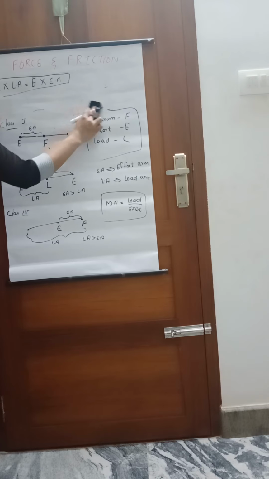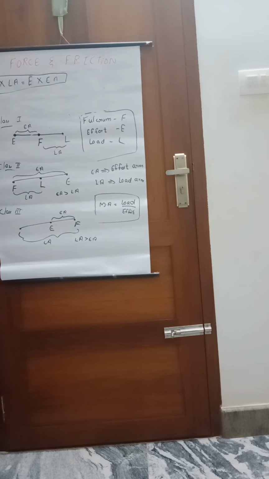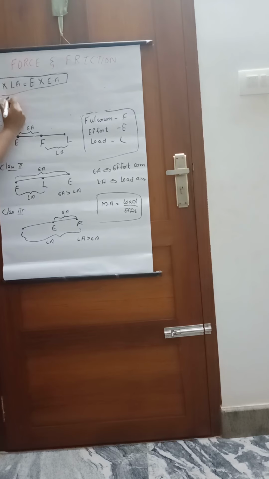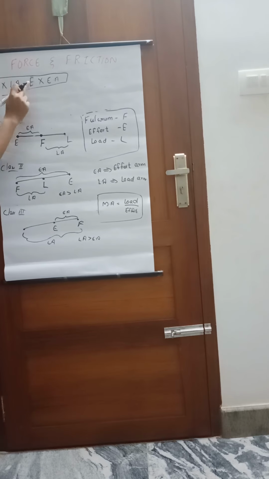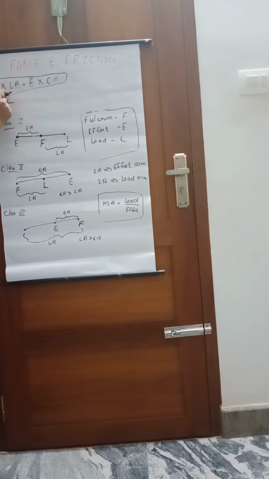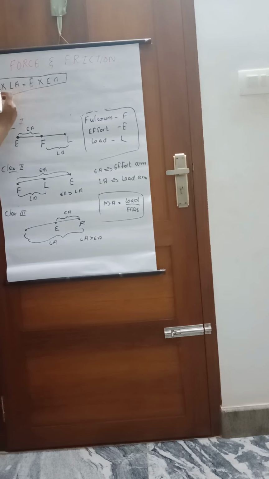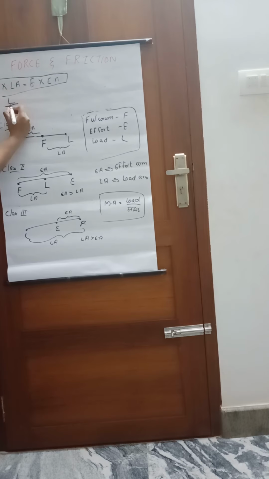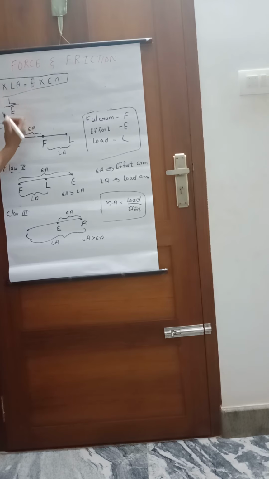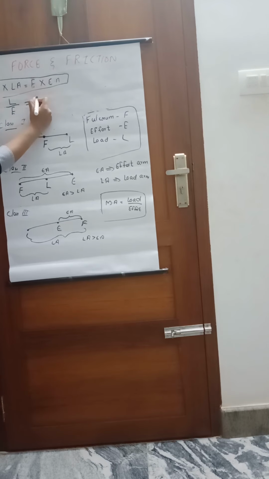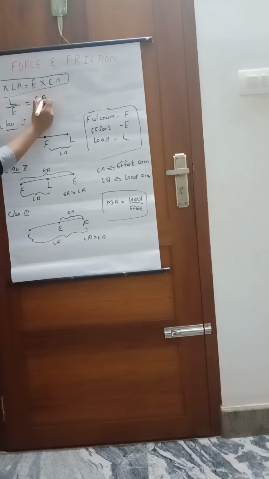So let us make some rearrangement in this equation. Already this load is here. And when this effort is coming to this part of the equal sign, since it is multiplication here, when the multiplication is coming to the other part of the equation, it will become division. So we will get load by effort is equal to, already the effort arm term is here, so we will write it here.